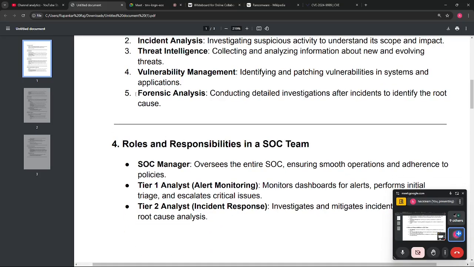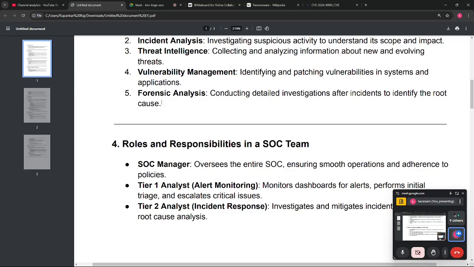And after that, you need to do some forensic analysis also, like a detailed post-incident investigation. You need to go into each and every detail to uncover the root cause of any attack and to gather evidence on the attacker. In future, if you gather information about an attacker, you can take legal action against them.